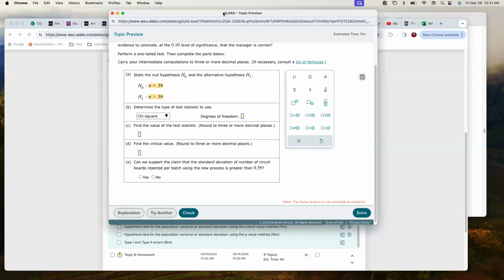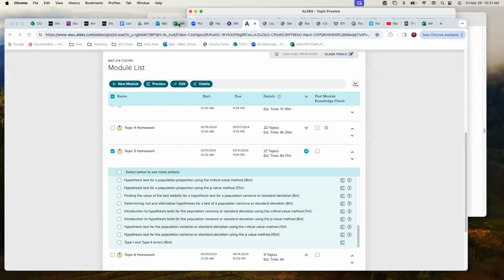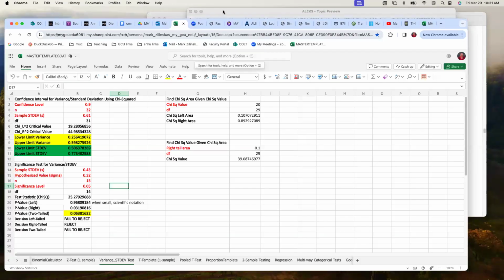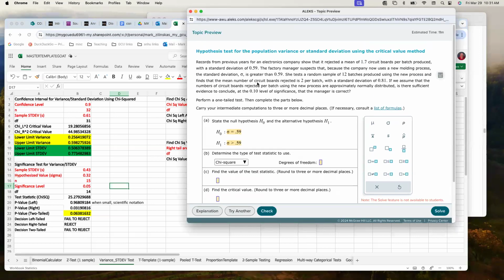I'm going to slide this over so I can toggle back and forth here. All right, let's go with the sample standard deviation, which is 0.81.